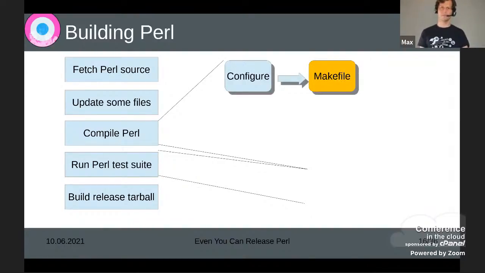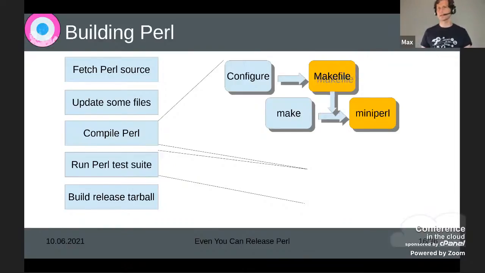Configure first creates a makefile when you run the configure shell script, and the make program then takes that makefile and creates mini-Perl. Mini-Perl is a restricted Perl that does not provide that many interfaces to your operating system, but is otherwise a good Perl.